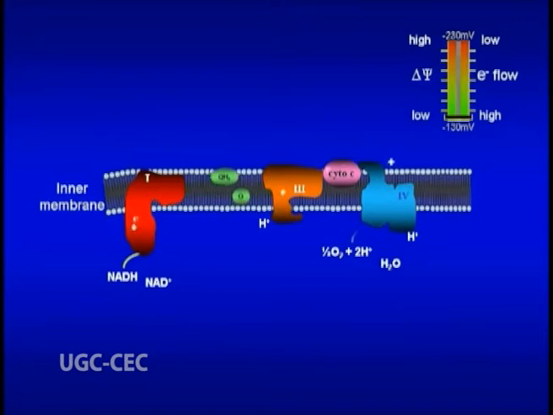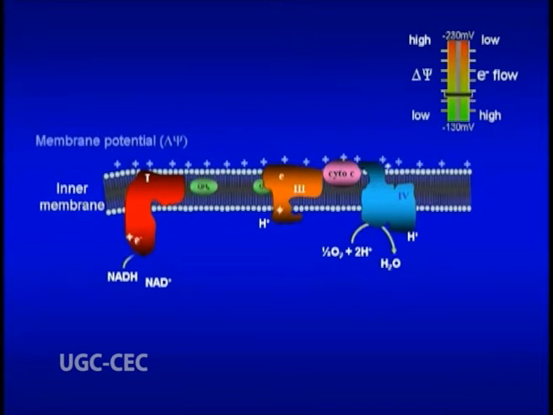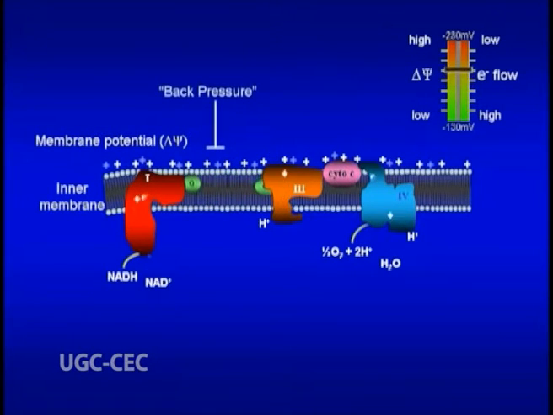Electrons are passed spontaneously along the electron transport chain in one direction due to increasing redox potential from NADH, most negative, to oxygen, most positive. However, many of the electron carriers in the chain utilize iron.